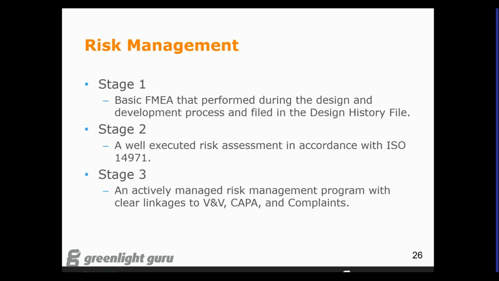And here again, I see an evolution of levels of maturity, going from just a basic file it, create it and file it and pull it up when an auditor asks for it, type FMEA, towards a full, well implemented implementation of 14971 type risk management program, and the most mature really have an actively managed risk program where they're really taking that production data, complaint data, feeding that back in, adding new risks, updating your occurrence rates, making sure that the risks are managed effectively.